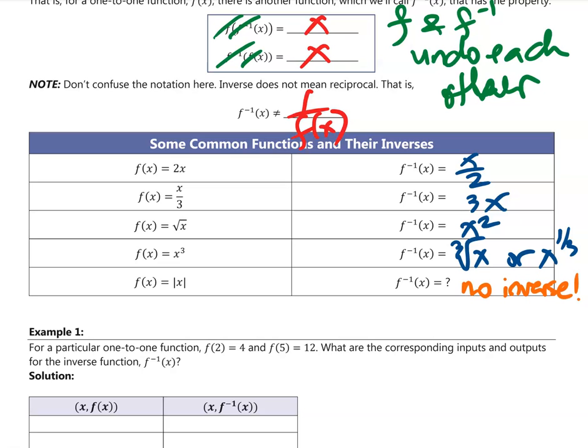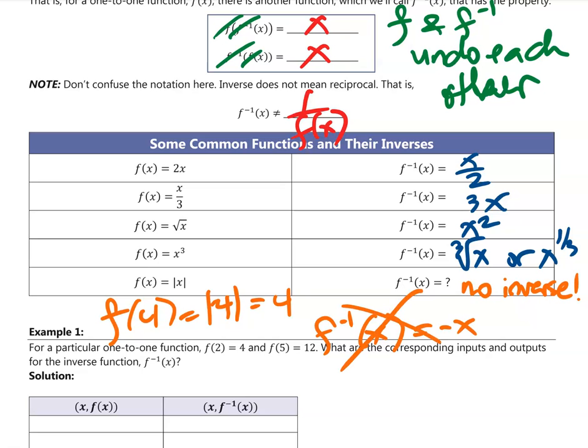Okay, for example, f of 4 is absolute value of 4, and absolute value of 4 is 4. But f inverse of x is not equal to negative x. So this is wrong.